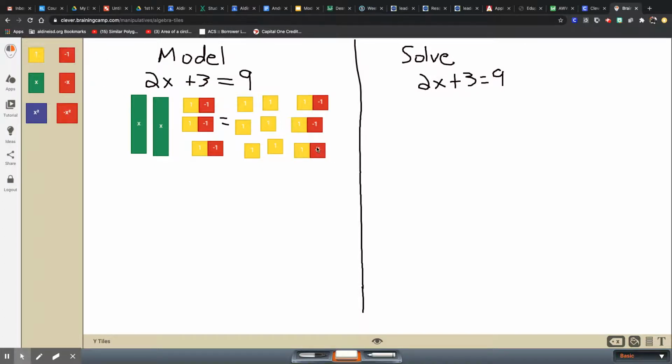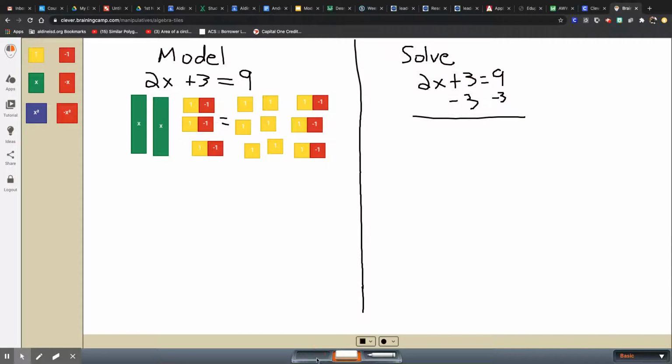Now to show what we did, we took 3 red tiles, which is the same as 3 negatives, or minus 3. And we did it to the left side, which means we also had to do it to the right side.